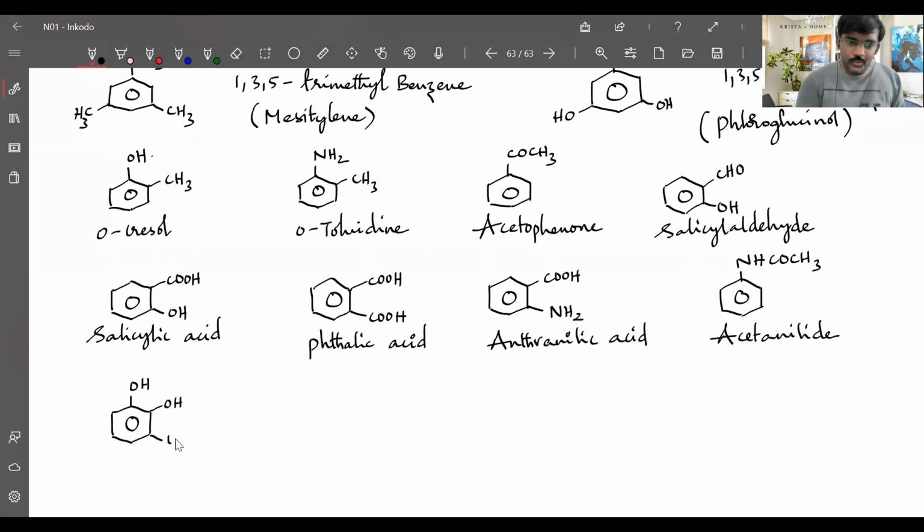All the 3 positions are attached with OH. Okay, this particular compound we take as pyrogallol. Okay, pyrogallol we will say.